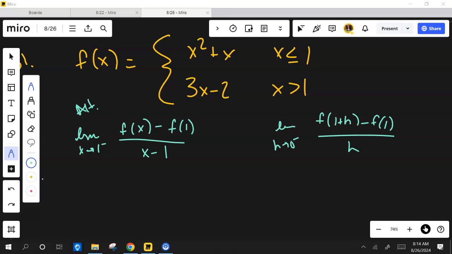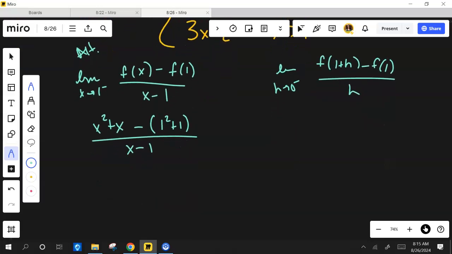All right, if I go to 1 from the left, that simply means this is the equation I'm using, right? From the right, I would use this bottom equation. I'm going to plug in every little step of the way here so you see what's happening. 1 plus 1, so minus 2.